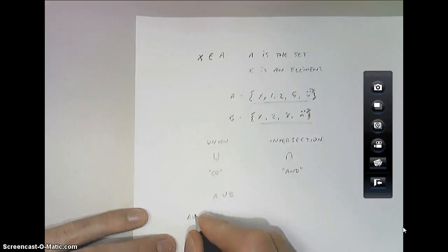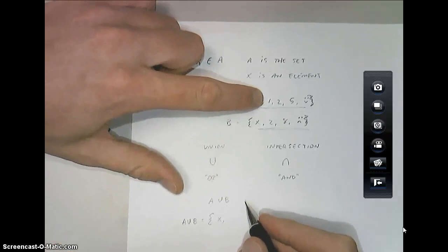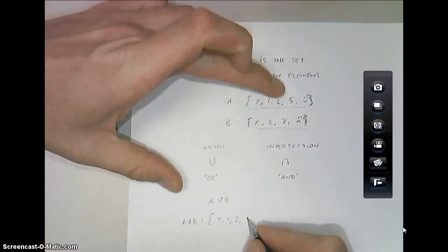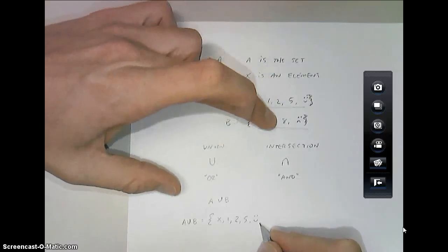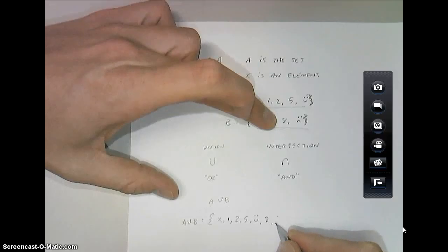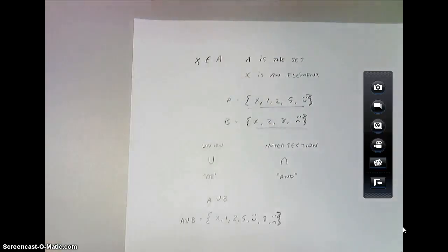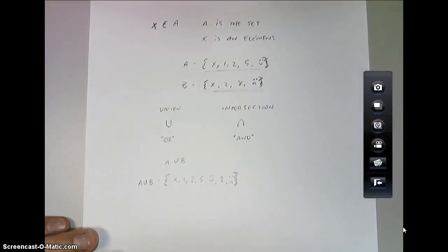So I would say that A union B is x. A contains 1. They both contain 2. A contains 5, smiley face. B contains 8, frowny face. I keep doing parentheses, there should be brackets. Okay, so that's the union because it's everything that is in A or B.